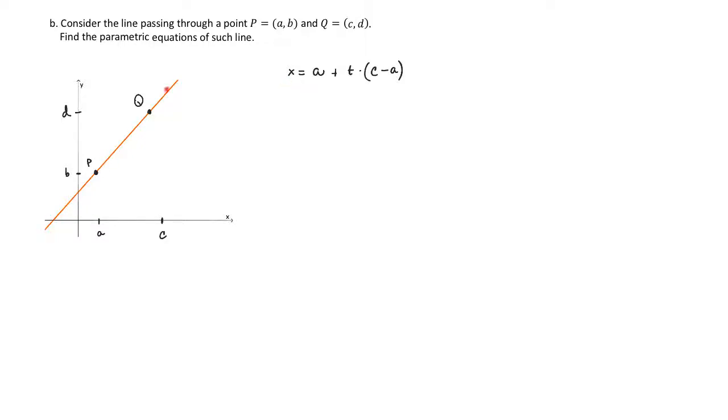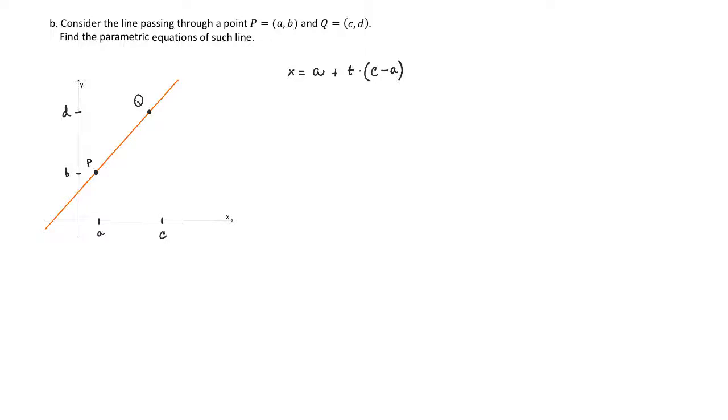Again, we are assuming that the domain of this line consists of every single real number. And let's examine the construction here. We begin with A. A is the x value of point P. Then we have the parameter t times (C minus A). C is the x value of the other point, of point Q. So we end up subtracting those two x values, the x value of Q and the x value of P.